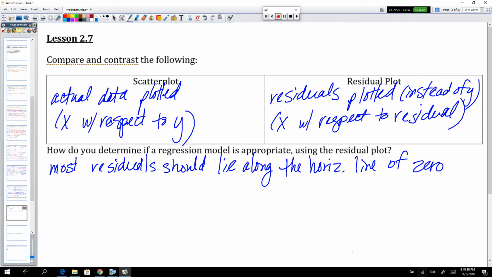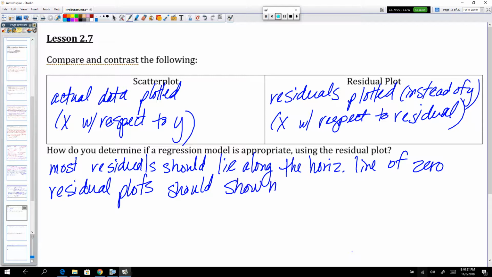Also true, residual plots should show no pattern. If you see a pattern, the least squares regression line is not a good model. We should try to keep these residuals as small as possible, obviously. Otherwise the line is not that great a fit.